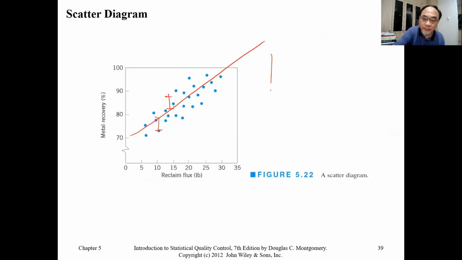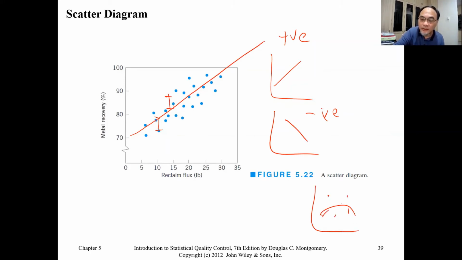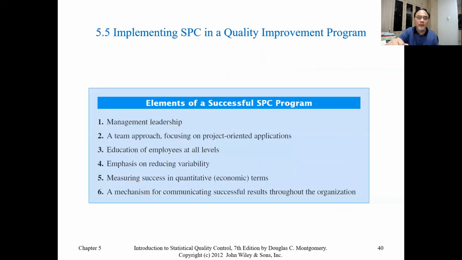You can see in other books, because in correlation, you can have positive correlation, you can have a negative correlation, or you don't know whether there is a correlation or not. Okay, so no correlation. So when you know there is no correlation, it gives you indication you don't want to control a certain variable in order to get the response or the output or the outcome.